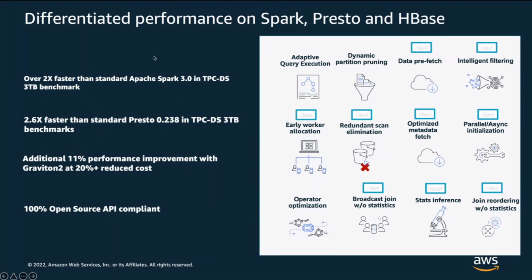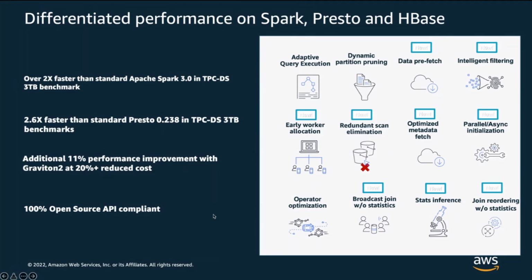benchmark. This is the observation we have from multiple tests, and for Presto we also saw 2.6x faster results. The good thing about Amazon EMR is that it has the Graviton 2 processor, which brings an additional 11% performance improvement at 20% reduced cost.